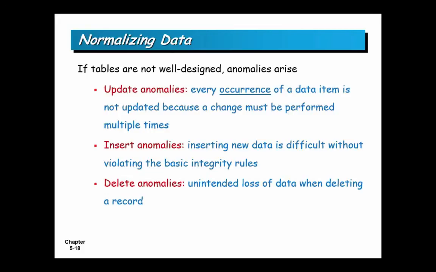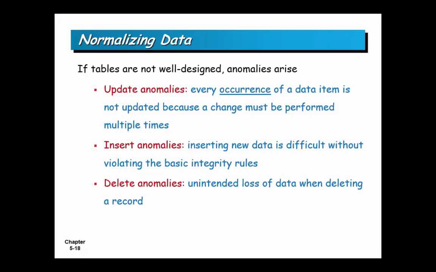The first anomaly is an update anomaly. If you have a data item and it exists on multiple tables, then you have to change it on multiple tables when it changes. Let's say you had a customer address and you just didn't design your database right, so that address occurs in multiple different tables all over the place.